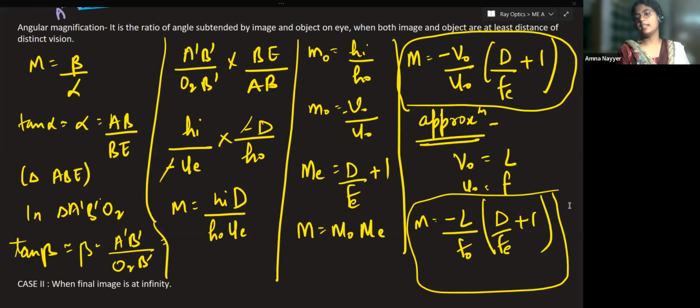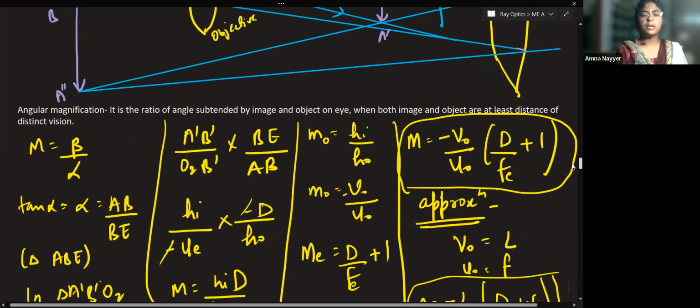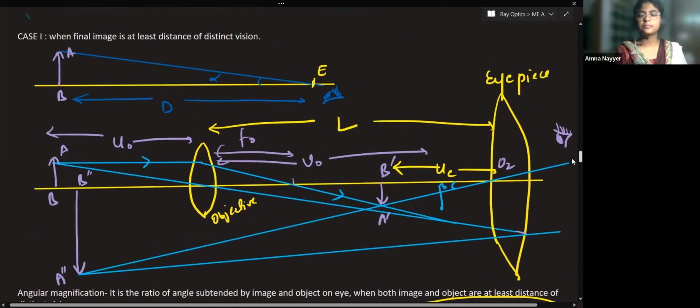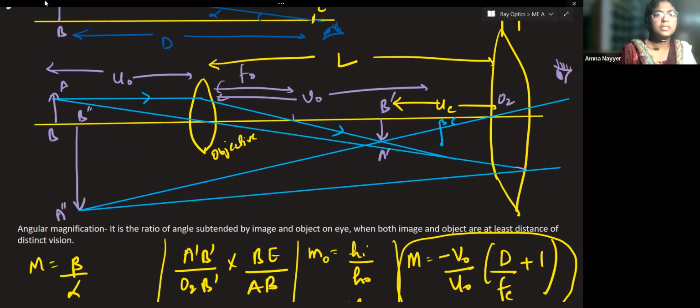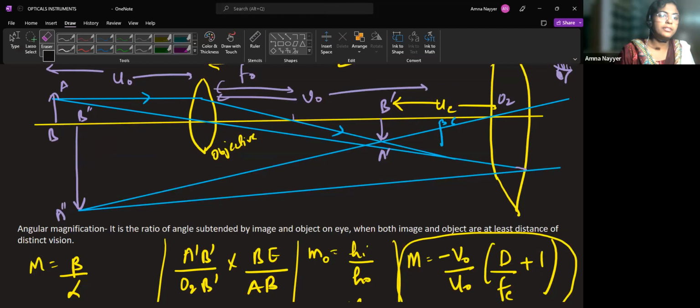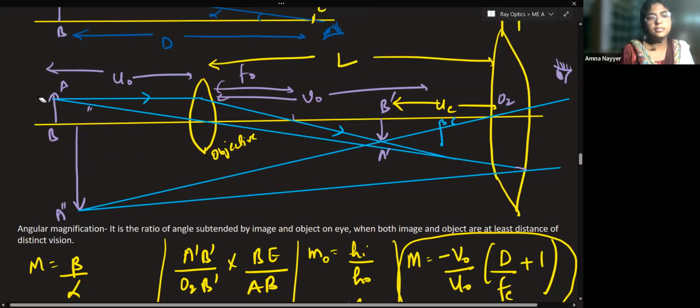So the second case is when the final image is formed at infinity. So now what will happen? Everything here will be the same. The final image will be formed at infinity. This will be the second case.